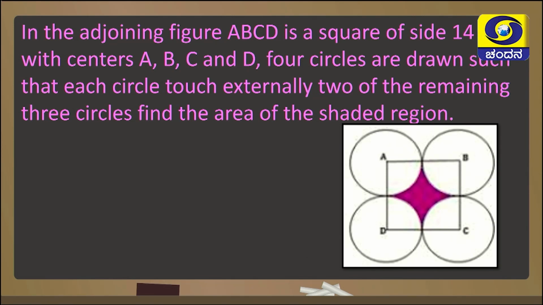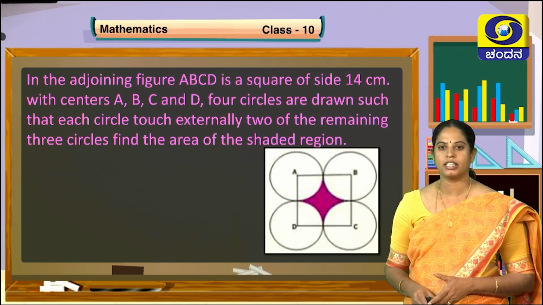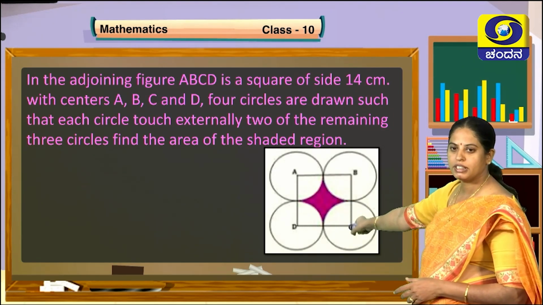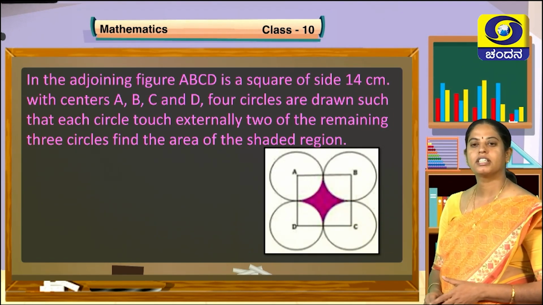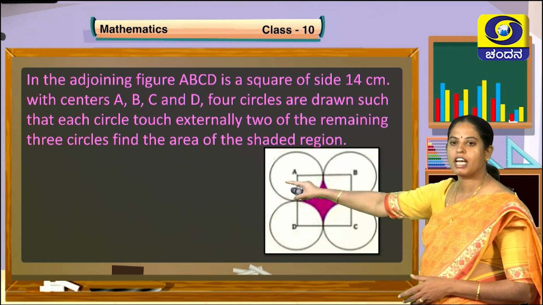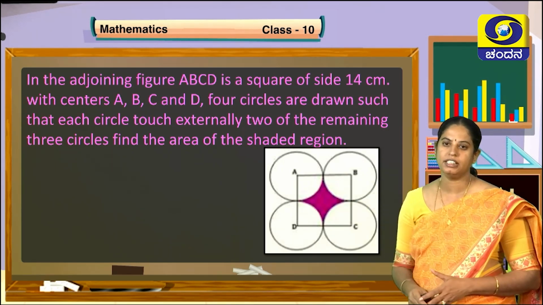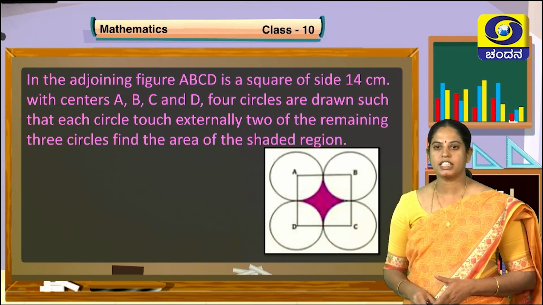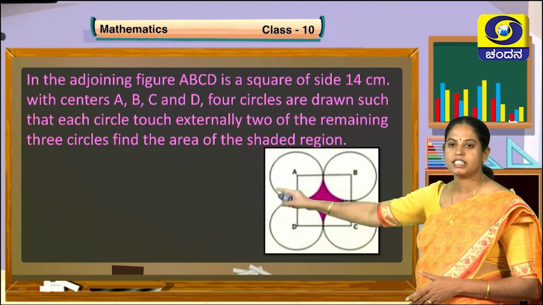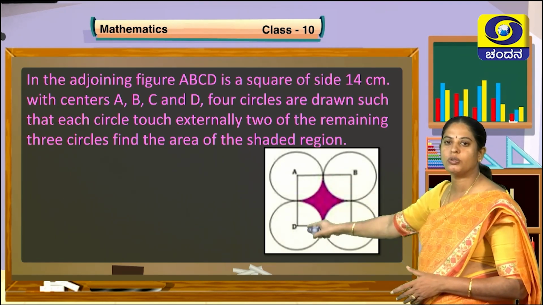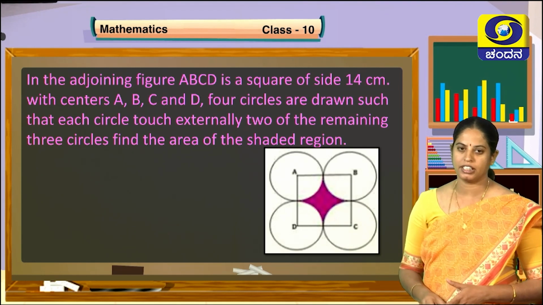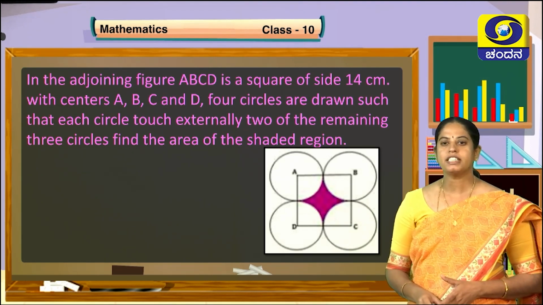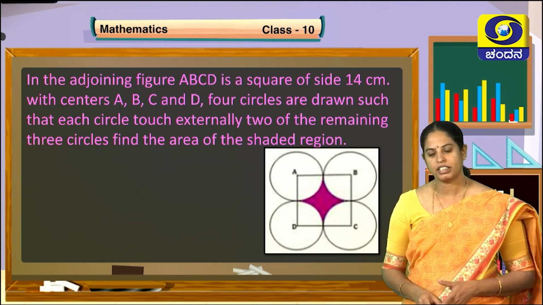ABCD is a square of side 14 centimeter with centers A, B, C and D. A, B, C, D are the vertices of the square as well as the centers of the circles. The 4 circles are drawn such that each circle touches the other 2 circles externally. Find the area of the shaded region.